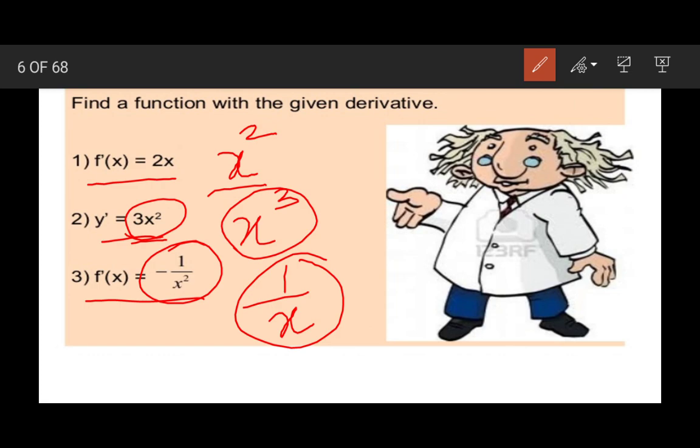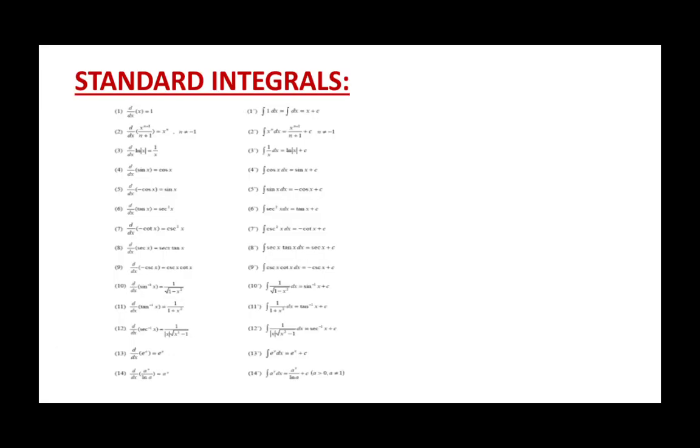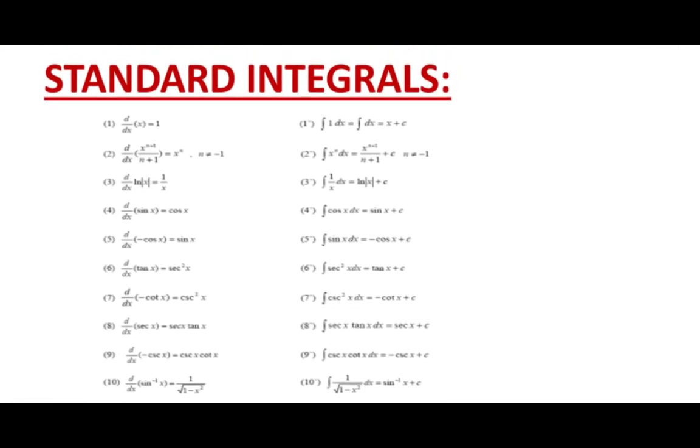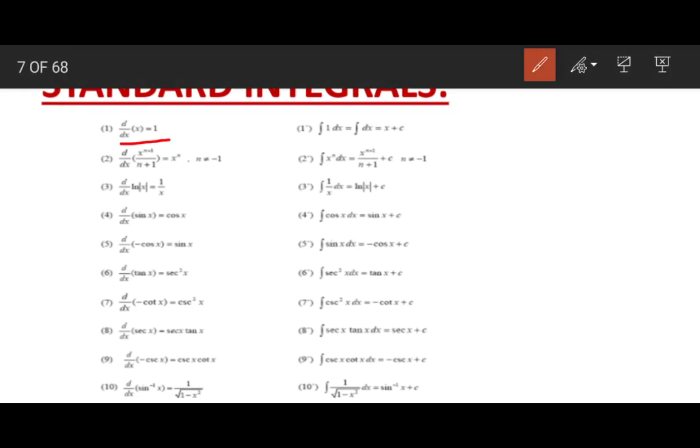Okay, so exactly this we are going to do in the integration formulas. As you can see here, derivative of x is 1, and hence integral of 1 dx will be x plus c.